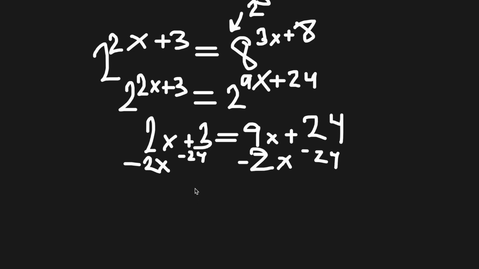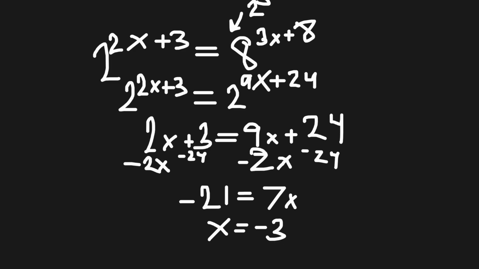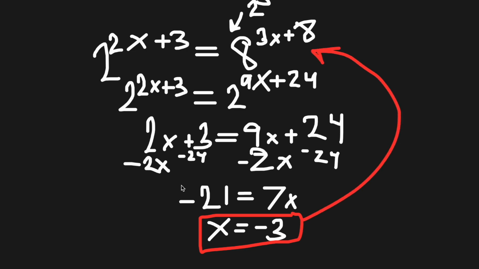That should give us negative 21 is equal to 7x. We can simplify this to x is equal to negative 3. And that is in fact going to be our answer.